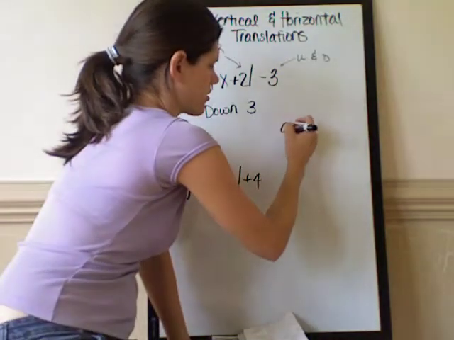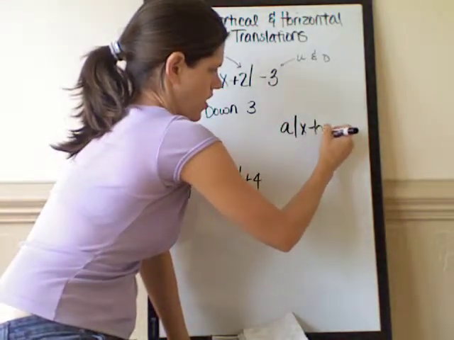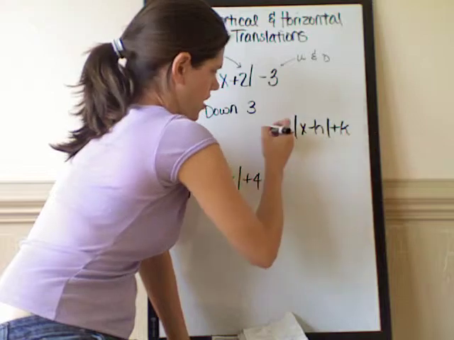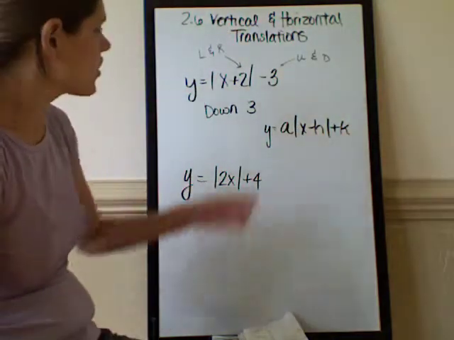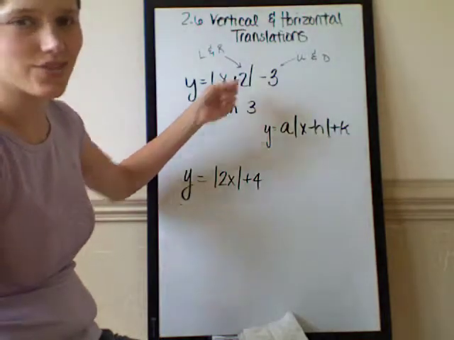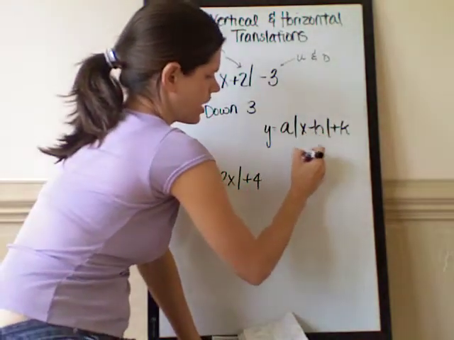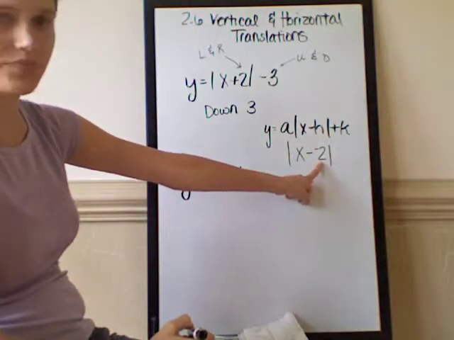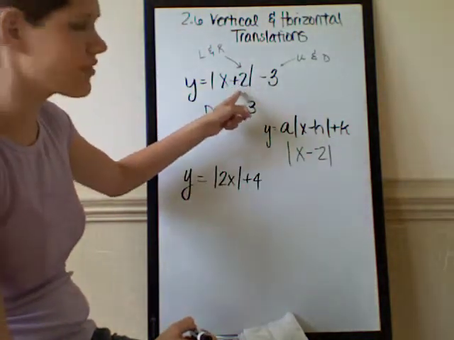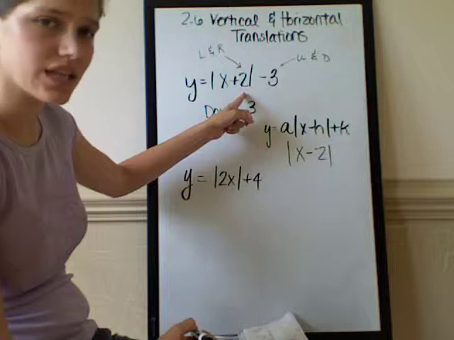If we remember, that's the form of the equation that we're talking about. So in order to get a +2 there, you would have had to put a -2 in. So whatever's inside of here, you have to take the opposite of.